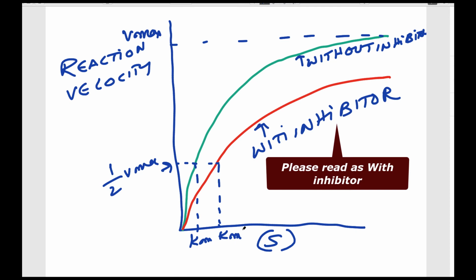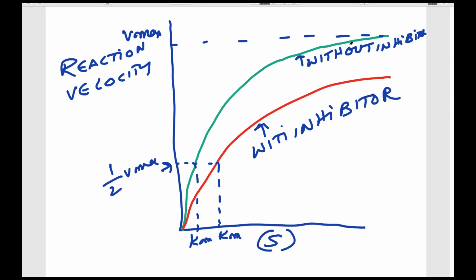I will explain what happens when enzyme-substrate complex formation takes place in the absence of inhibitor. It achieves the maximum, V maximum. In the presence of inhibitor, in competitive inhibition, V maximum can be achieved, but more substrate is required.